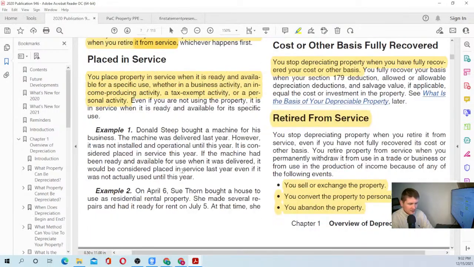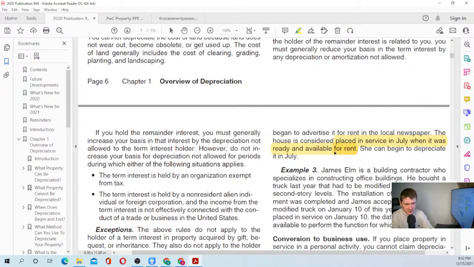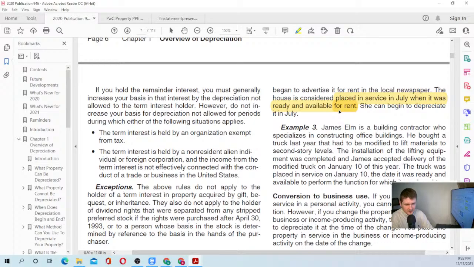So for example, if we bought a house to use as residential rental property, we made several repairs and had it ready for rent on July 5th, and we bought it in April, we start to depreciate it in July, when it's ready for operation.